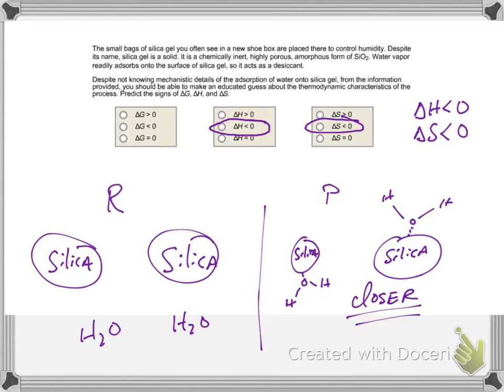And then based on the language of the problem saying that water vapor readily absorbs onto it, we would expect this to happen as a product favored reaction: readily absorbs, spontaneous, delta G less than 0. This problem is always kind of tricky to think about, but a picture helps analyze it well.